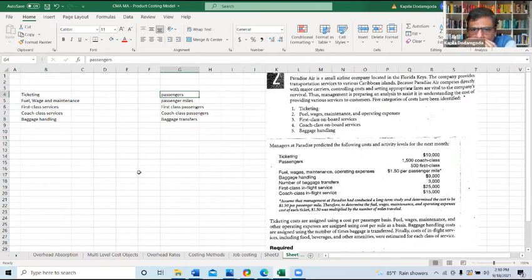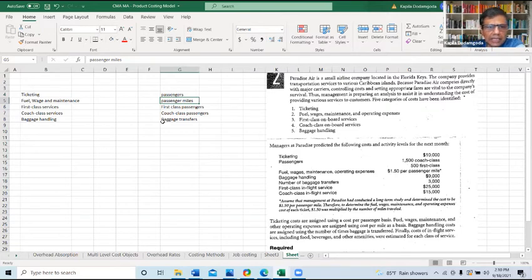And then fuel, wage and maintenance and other operating expenses are assigned using cost per mile as the basis, so they will be based on passenger miles. Baggage handling costs are assigned using the number of times baggage is transferred.